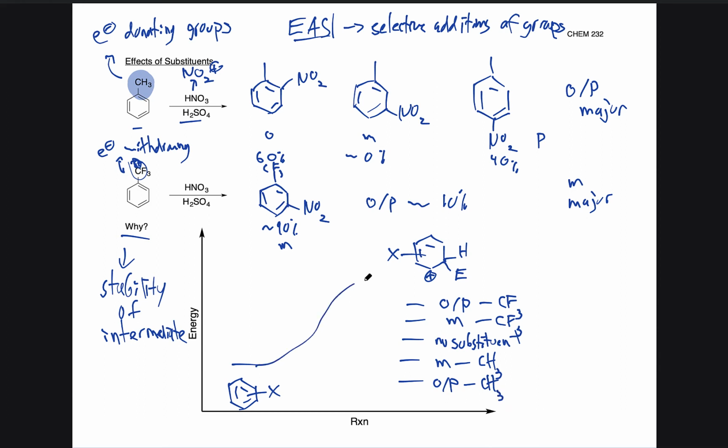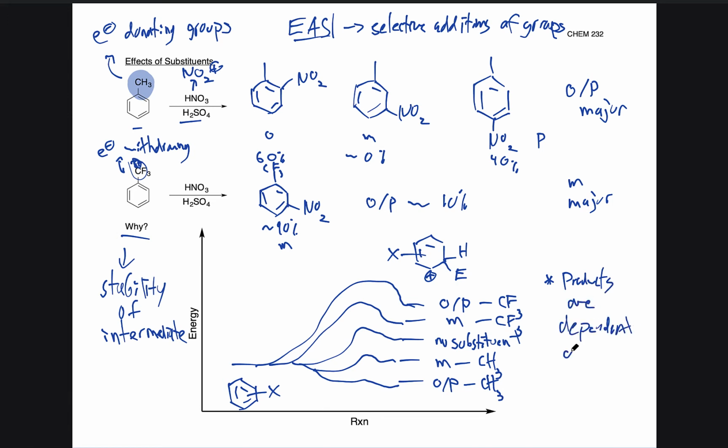Okay, so we can kind of draw the transition state energy pathways like this. We can see we get lower in energy as we're adding on electron donating groups, right? So the products are dependent on the stabilization of that intermediate, on the carbocation intermediate.